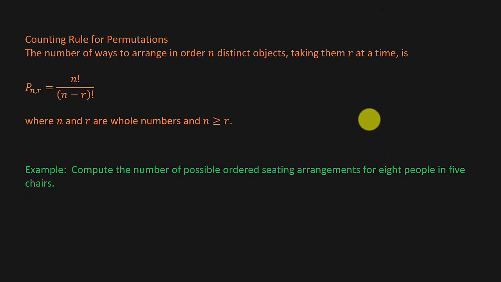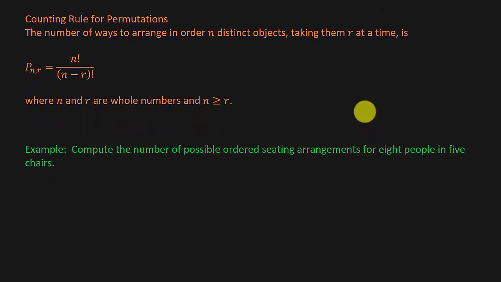All right, so let's look at this counting rule for permutations. The number of ways to arrange in order n distinct objects, taking them r at a time, is permutation n choose r equals n factorial over n minus r factorial, where n and r are whole numbers and n is greater than or equal to r. Now, this is a notation for permutation.